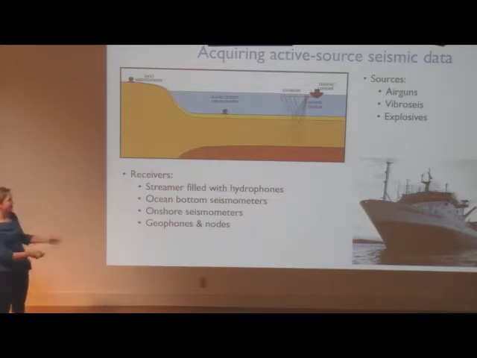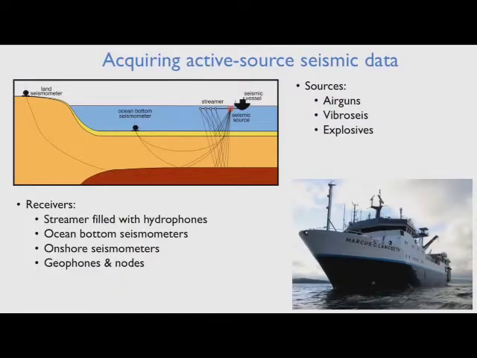On land, we can use a couple of other options, of which explosives are totally the most fun. And then we can record these sound waves on a variety of things. In the ocean, it's streamers filled with hydrophones or ocean bottom seismometers. Onshore, it can be a whole spectrum of geophones or nodes or other more traditional seismometers.